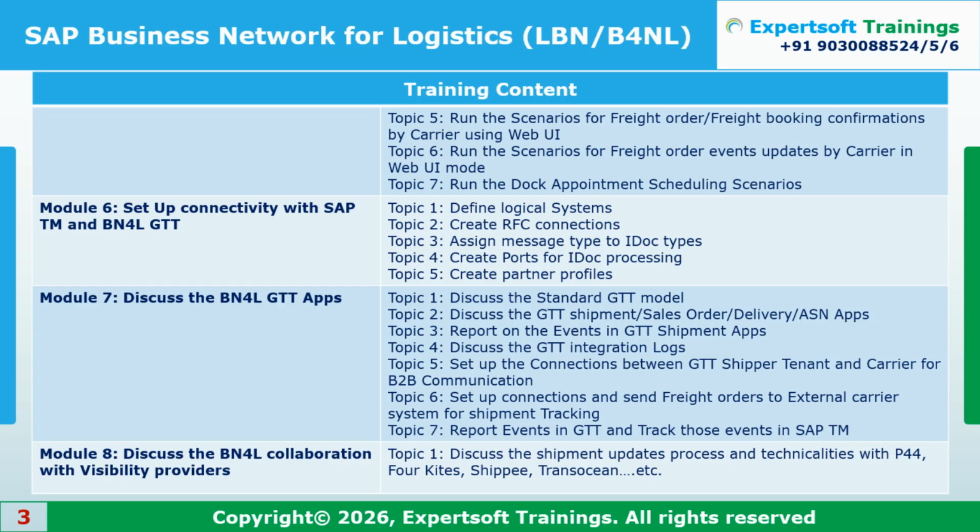Shipio, Transporium, all these are network partners. They are the ground players who can feed the data with respect to the truck or the containers. So some companies will engage with a network partner like P44. Does that make sense? Yes, it makes sense. I think it's a bit clear now.